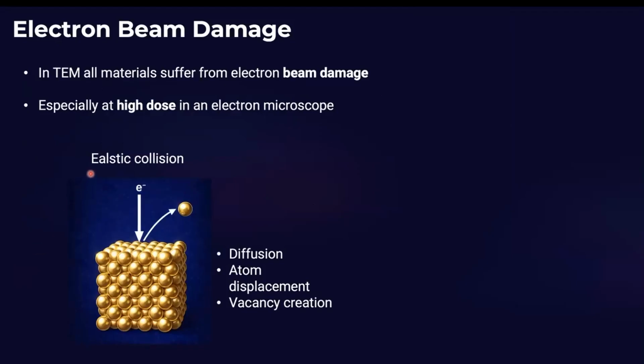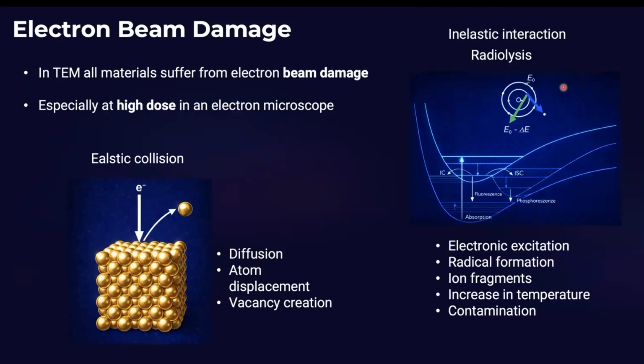One possible way is elastic collision, which can lead to diffusion, atom displacement, and vacancy creation in metals. Inelastic interaction causes radiolysis, which can lead to electronic excitation, radical formation, ion fragments, increase in temperature, and contamination.